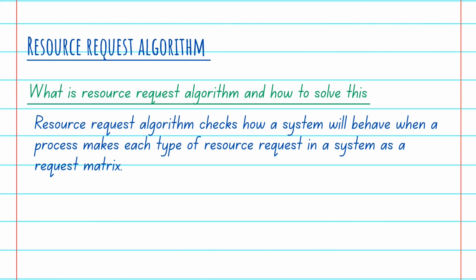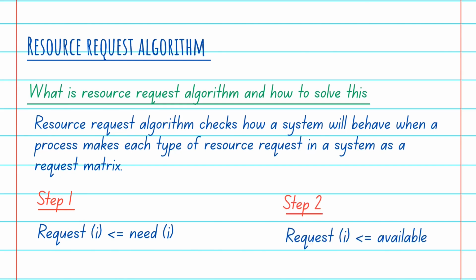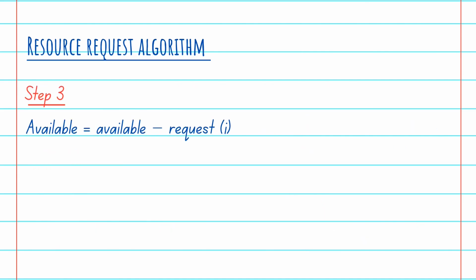In the resource request algorithm, we have to follow certain steps, as we have seen in the safety algorithm. First, we have to check that the request made by the process is less than or equal to its need. If this condition is satisfied, then we move to the next step. In step number 2, we compare request with available. If request is less than or equal to available, and this condition is also satisfied, then we go to the next step.